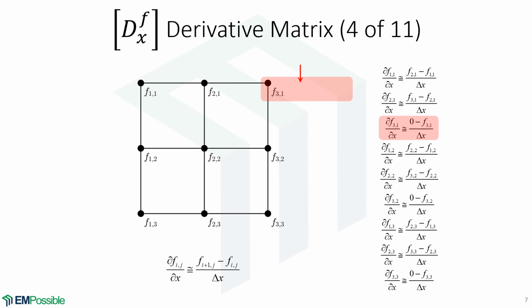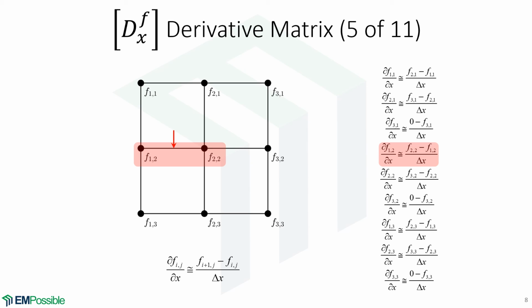And that means any function value from outside of the grid, we'll just let be 0. So our finite difference expression would then be 0 minus f31 divided by the spacing delta x. 0 minus f31 divided by delta x. Let's move on to the next point.